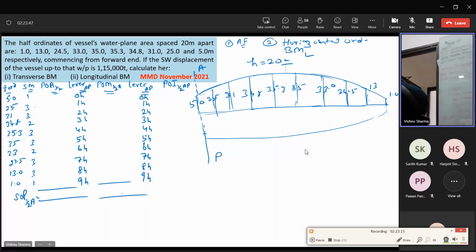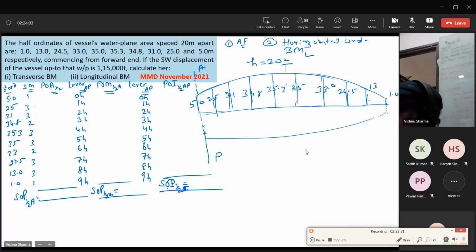We get SOP half moment. And we get SOP half inertia. Now, guys, please remember that in moments, SOP, you'll have H. And here you'll have H square.